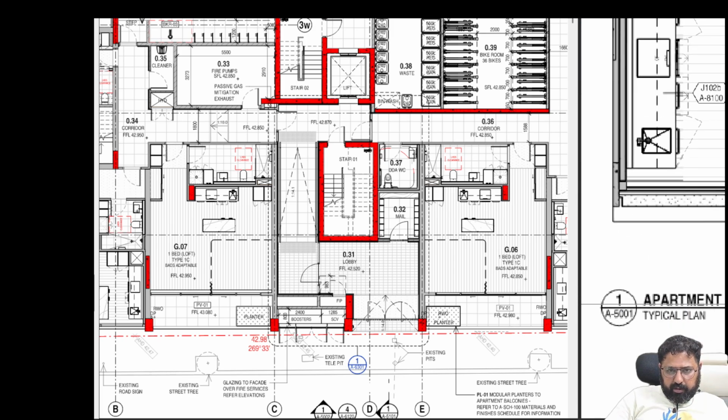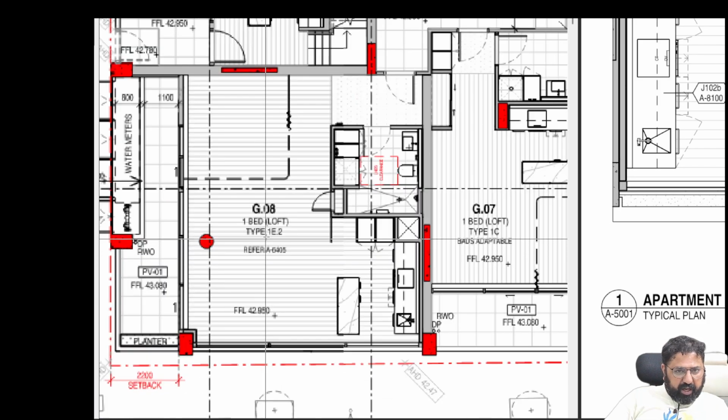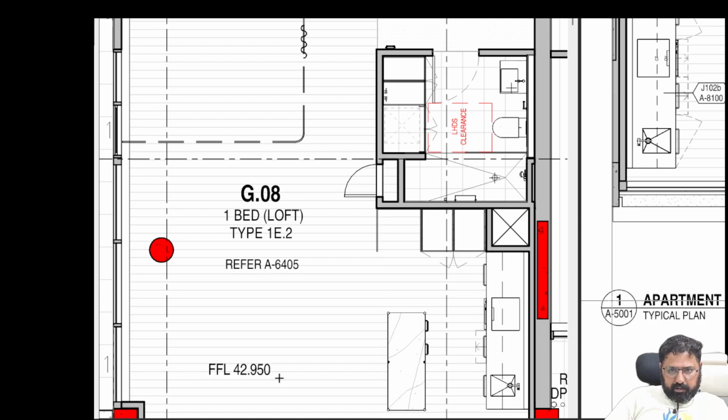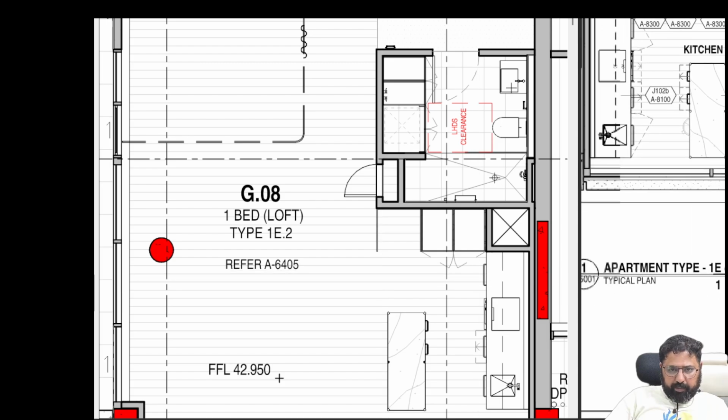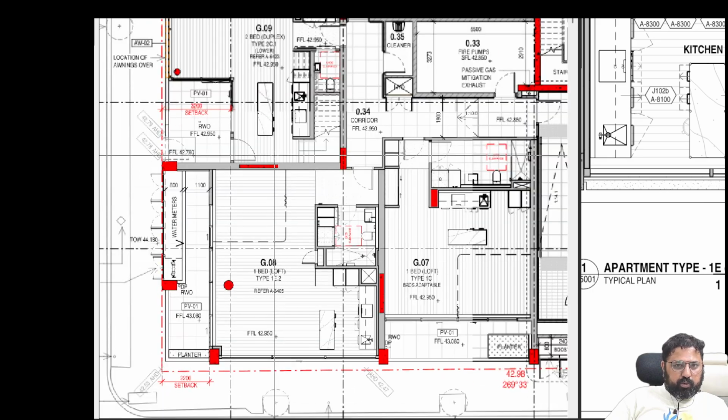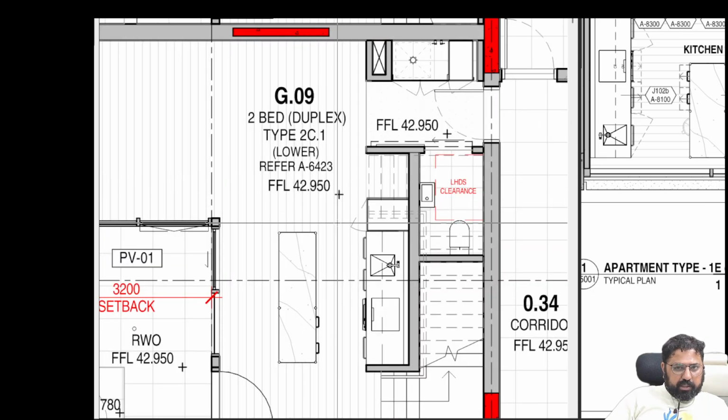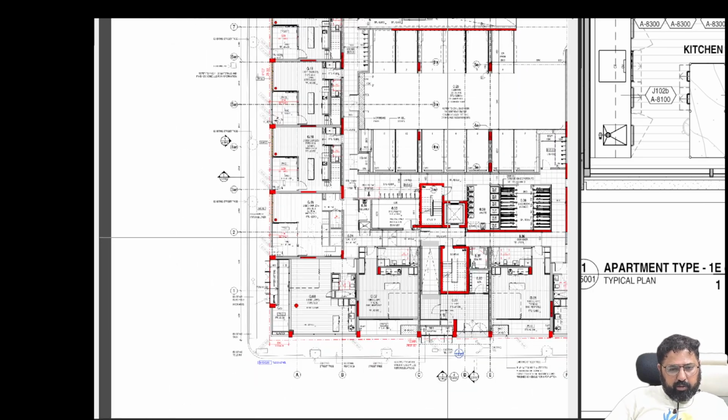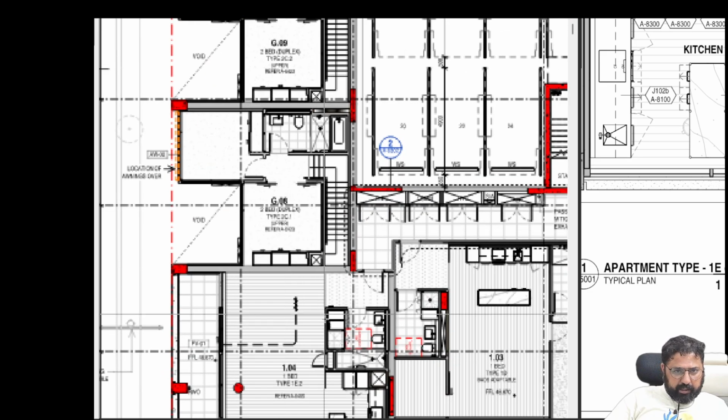Once you have calculated that 1E, you just find where the same type 1E is. This is 1E but 2, which is not the same thing. Now we will go to another place like this one.